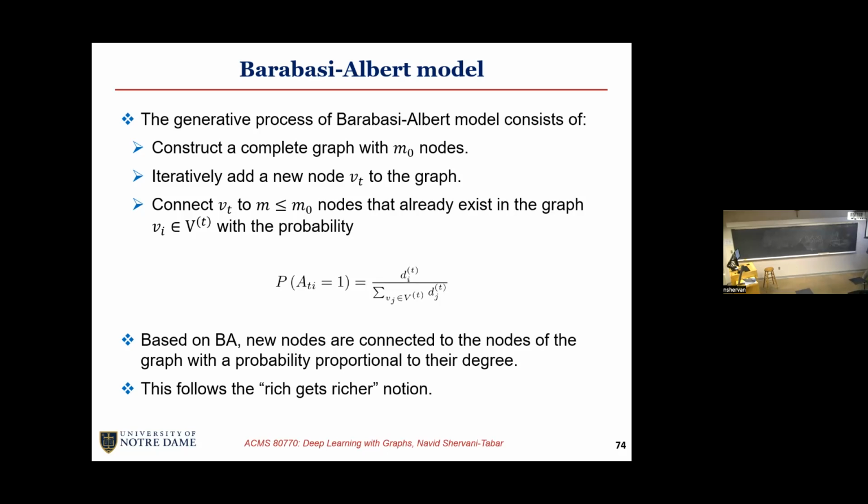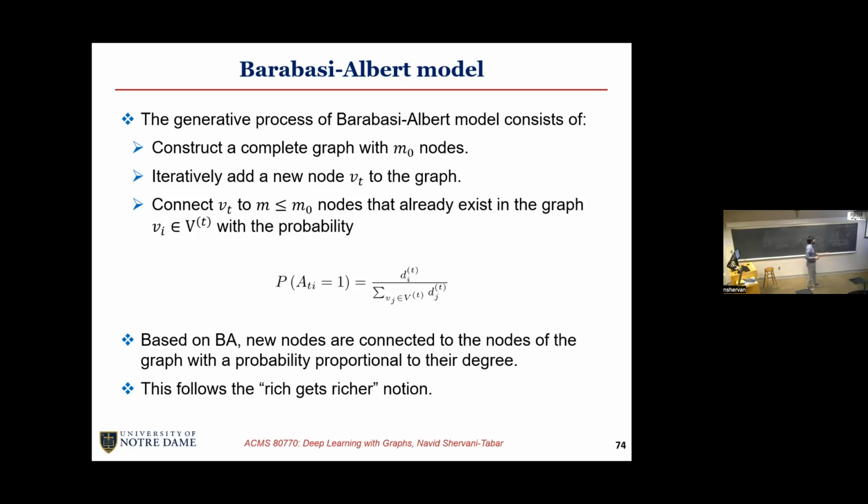So essentially, that gives the probability proportional to the degree of that node, for a new edge between the new node vt and the existing nodes in that graph.